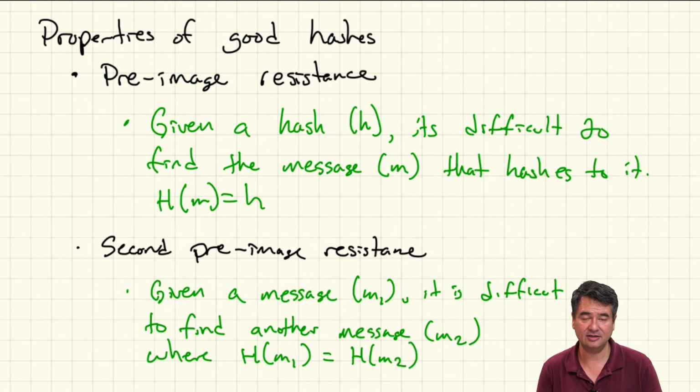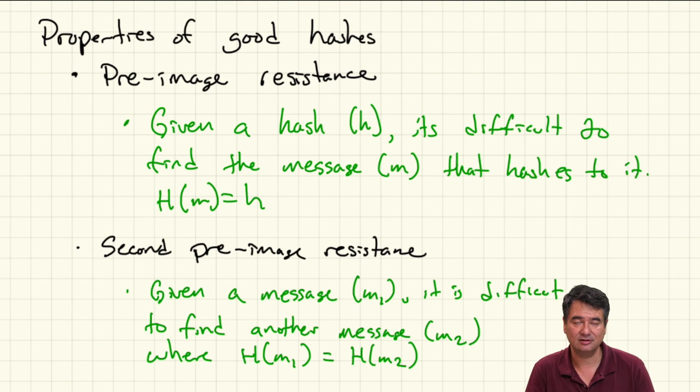Okay, so if I give you a piece of data, let's say the complete works of Shakespeare, or a password, I'm going to say to you, find me another piece of data, like another password or another complete works of someone else, that happens to hash to the same value. And that's really difficult to do.